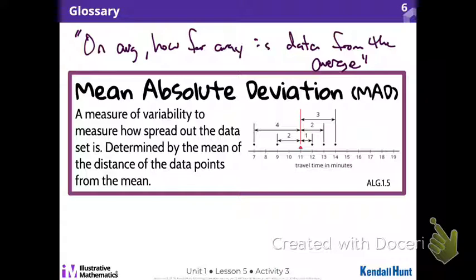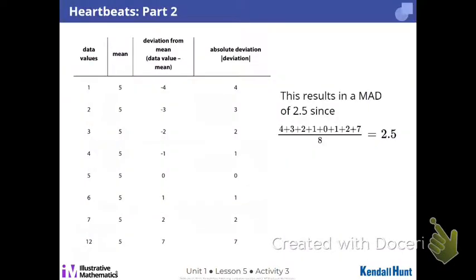If we're going to find the MAD, or mean absolute deviation, really what we're asking is, on average, how far away is the data from the average? It's like saying, this is the middle, and on average, all my data is this far away from that. You could memorize the next steps, but if we start here, it makes those steps happen, and I'm going to walk you through the thought process, okay?